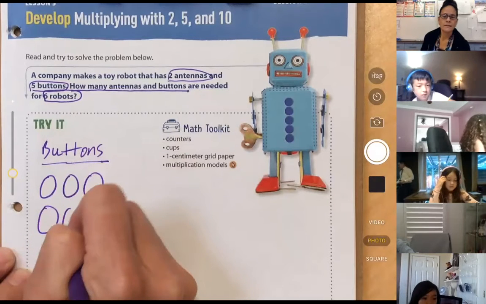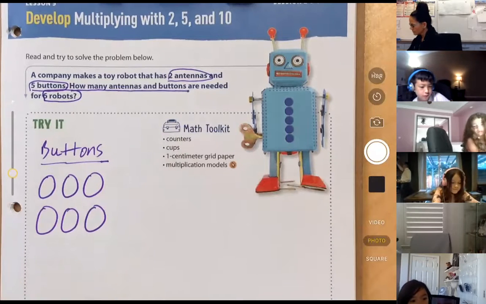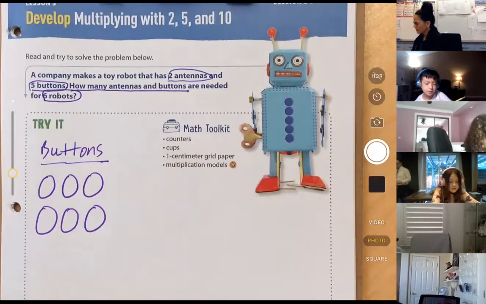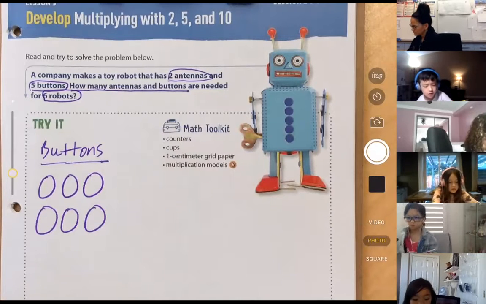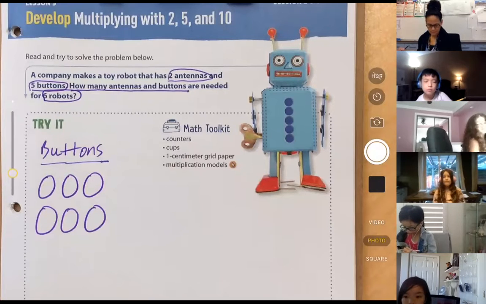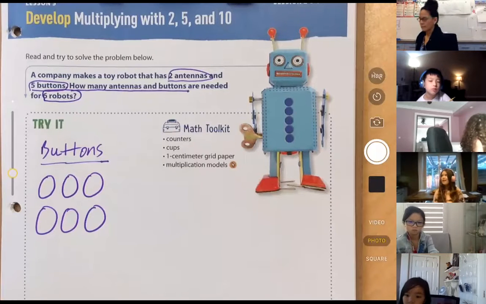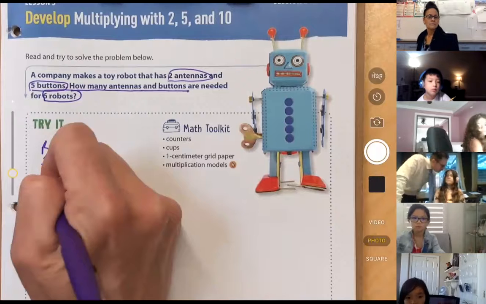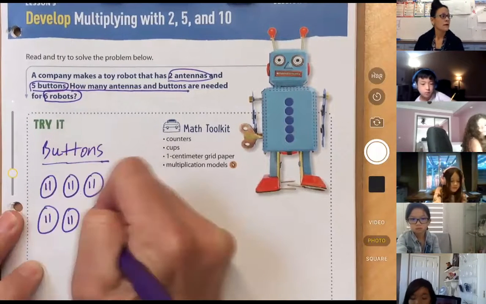And I still need to do antennas. So I'm going to make my groups again. And again, friends, on the buttons, it is 5 buttons.